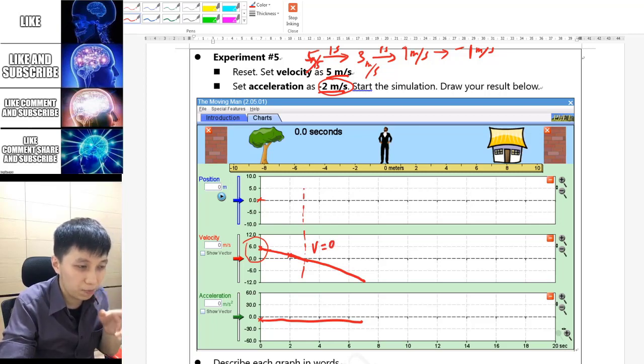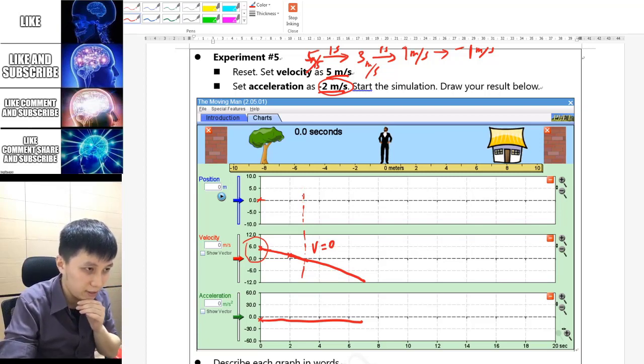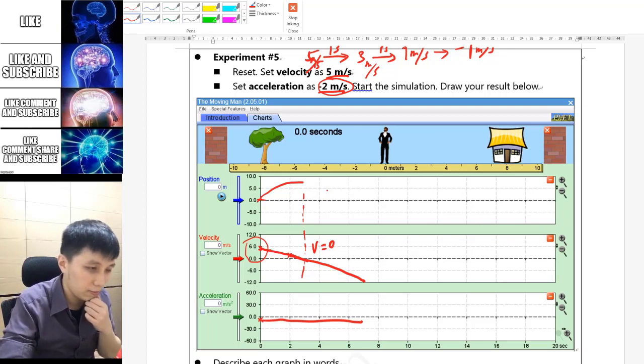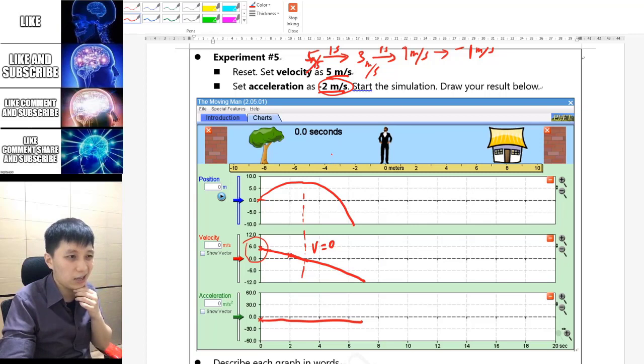So that means the slope should level off, like 0, when you hit 3 seconds. So probably something like this. Again, I don't know how far it will reach unless I do some other calculation. And after that, it should be going down like this, I think. Yeah, I think that's my prediction.